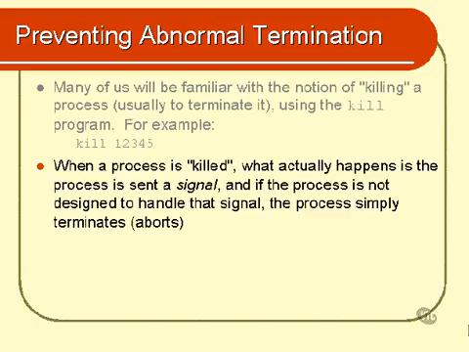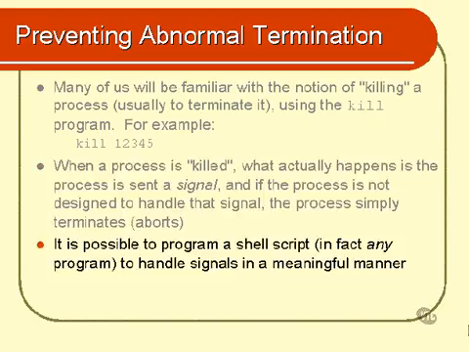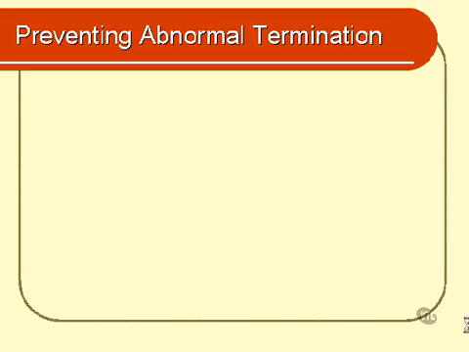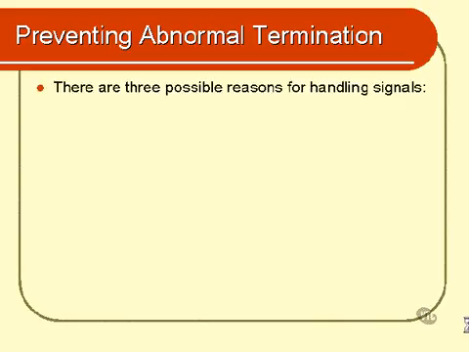But it is, as I just mentioned, possible to handle any signal if you simply know how, and that's what I'm going to show you in this module. So any program, which of course includes any shell script, can be designed to handle signals and do meaningful things with them. So why might you want to handle a signal? Well, I can think of three possible reasons.